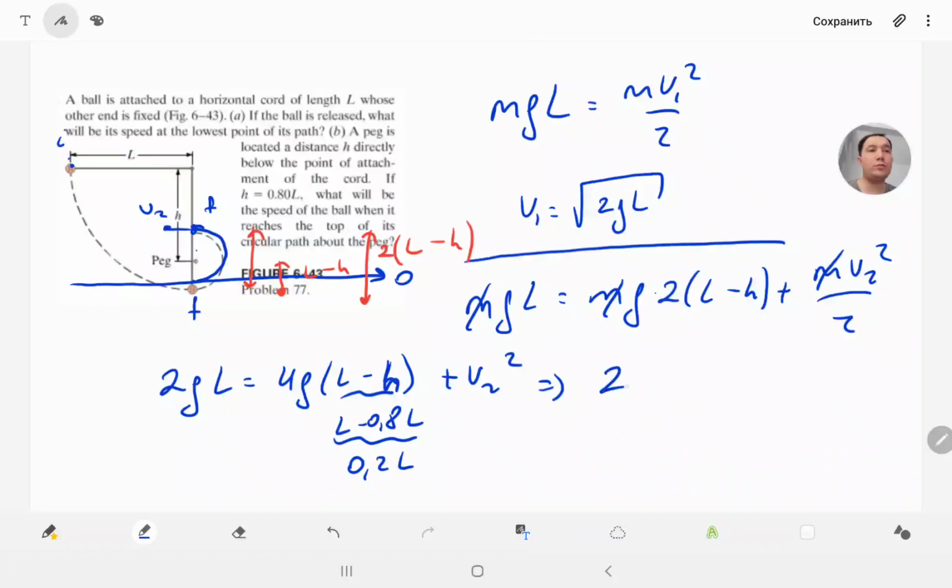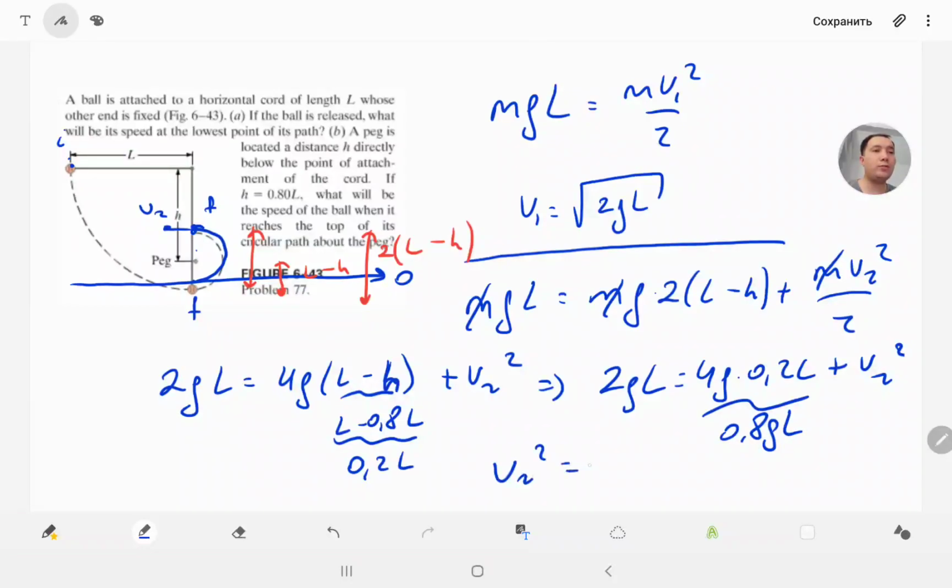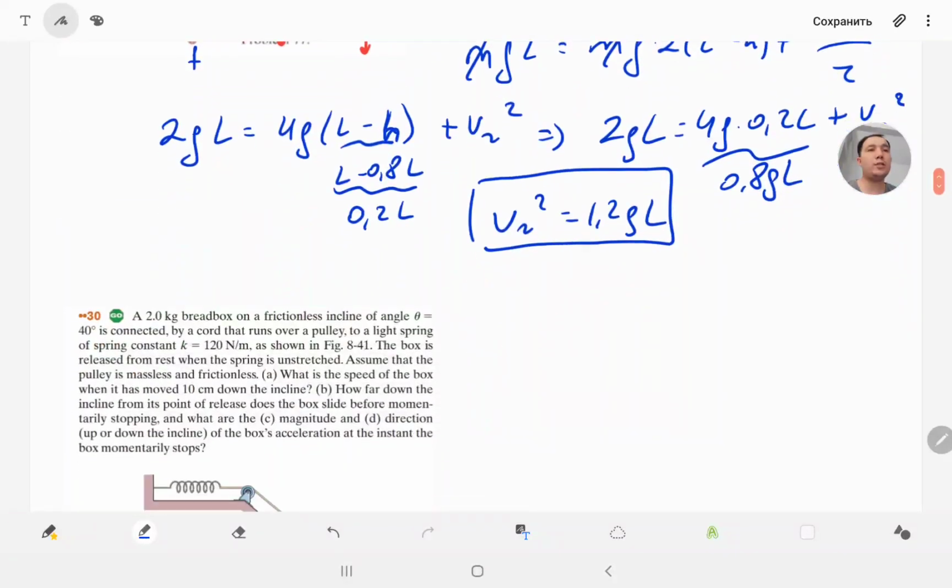So let's continue: 2GL equals 4G times 0.2L plus V2 squared. So here we have 0.8GL. So it means V2 squared equals 1.2GL. So from here we can find the velocity for the second part.